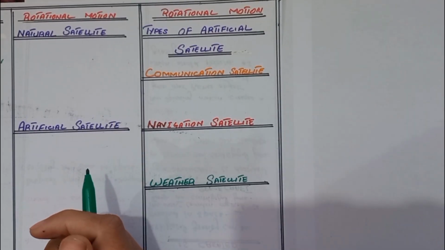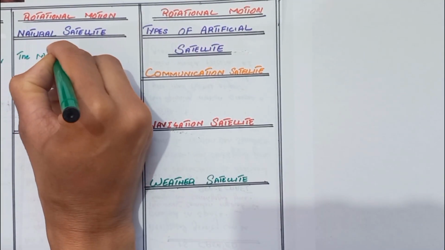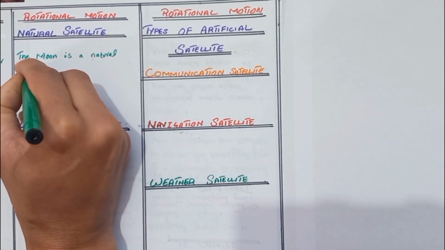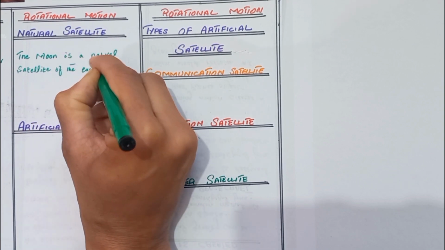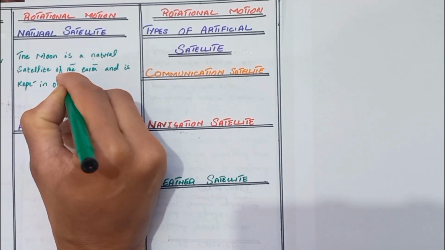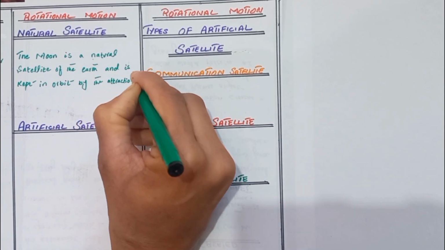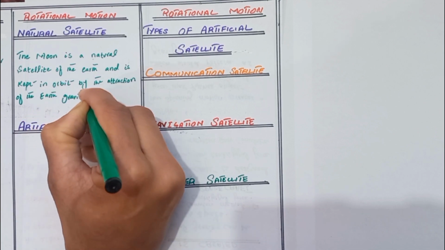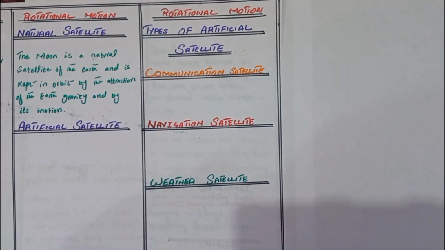Now we discuss the definition of natural satellite and artificial satellite. The moon is a natural satellite of the earth and is kept in orbit by the attraction of the earth's gravity and by its motion.